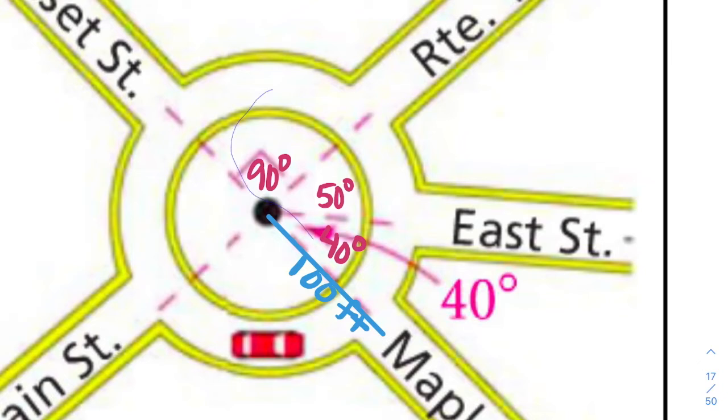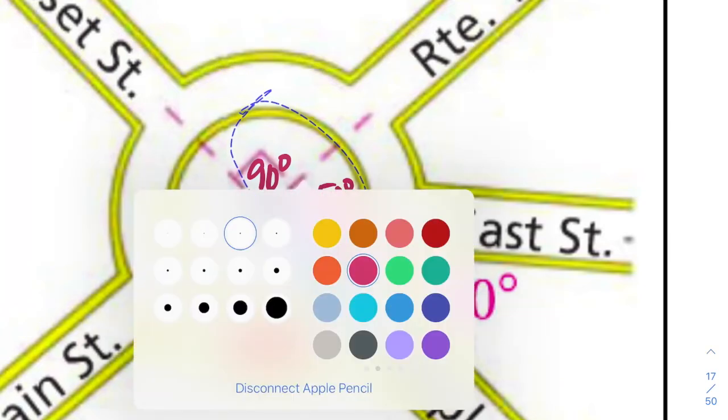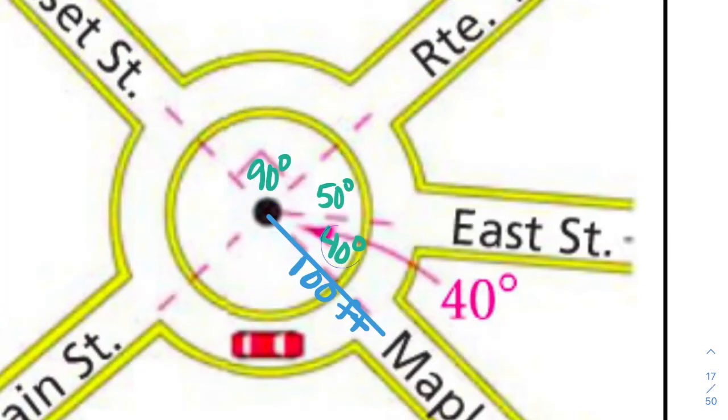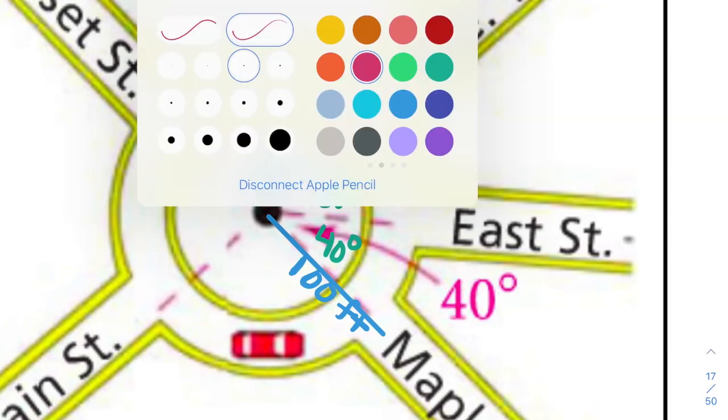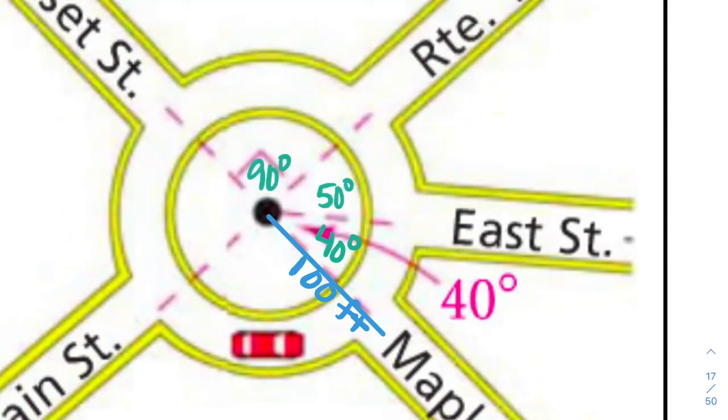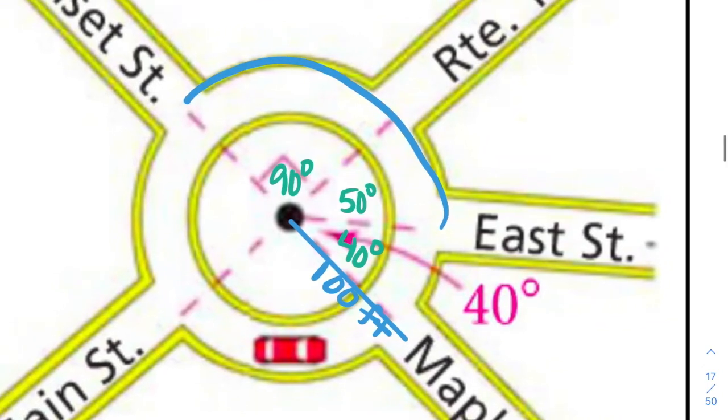Let me change the color so it's easier for you to see. Because this appears that it's a right angle. So what we need to do is find the distance from East Street over, from there to there. So it's going to be a total of 140 degrees.